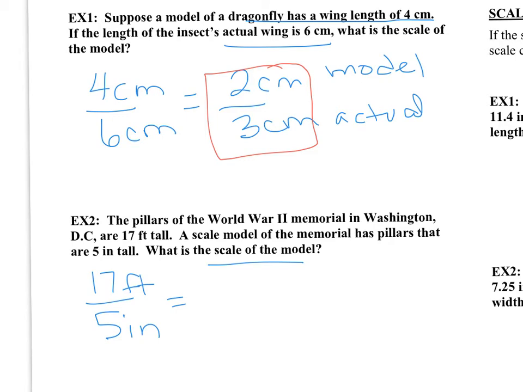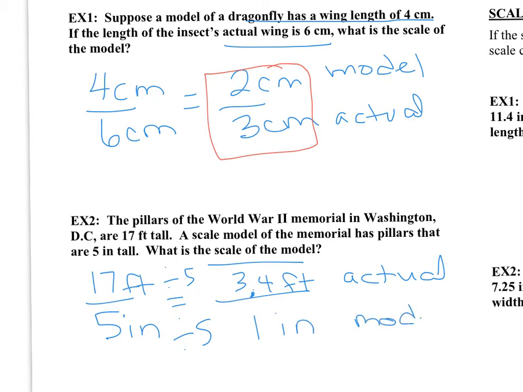And once I divide by the 5, top and bottom, I realize that it ends up being a scale of 3.4 feet, which is the real life, the actual, for every 1 inch. And that would be considered the model. So now what is the scale of the model? It would be for every 1 inch, it is 3.4 feet.